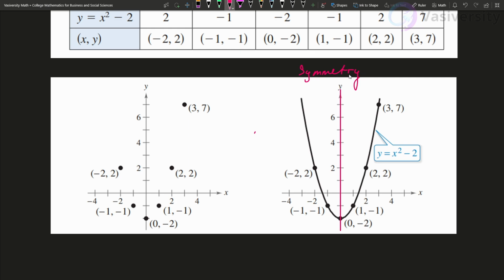And linear equations don't have symmetry, right? Because it's linear, and we will study later what kind of properties equations have and why some of them are not symmetric, but some of them are symmetric, right? So quadratic equations turn out to be symmetric equations, right? So we will be learning the rules for symmetry in the upcoming lesson.